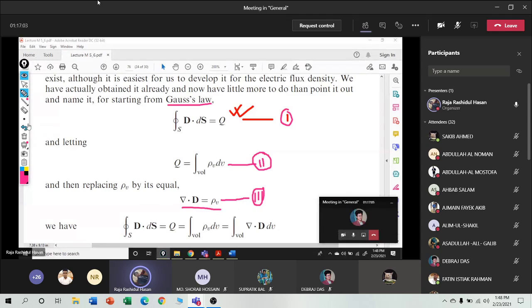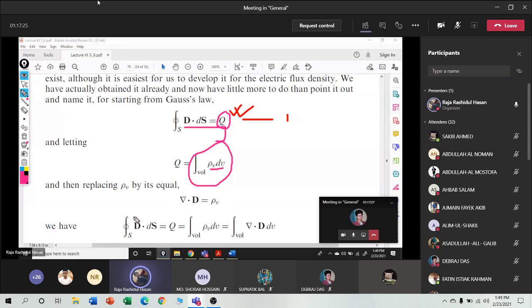That is the third equation. Now combining these three, we can write down the divergence theorem. How can we write? Look, D dot dS equal to Q. Now if we substitute this Q by this one, we can write D dot dS equal to integration of rho v dv.